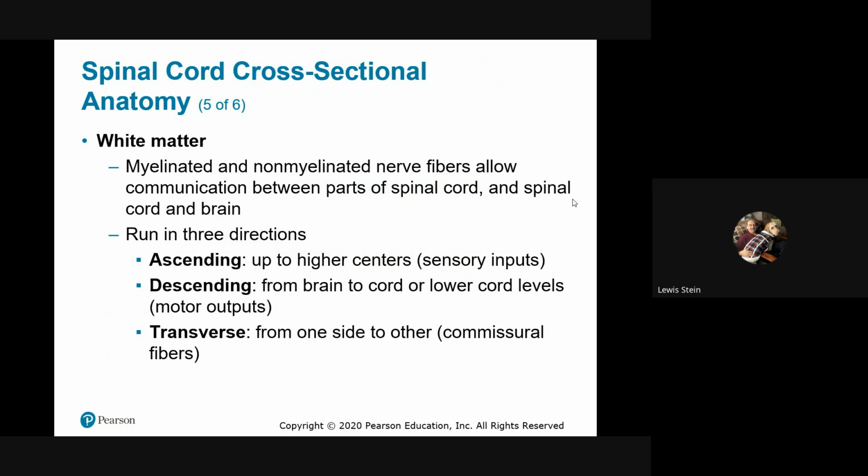You're not going to see association fibers per se. You're either going to have crossing over commissural fibers or ascending or descending type of fibers. That's really it. So they describe them here, not as projection fibers, but ascending, descending. Ascending is sensory, descending is motor, and transverse or commissural fibers.